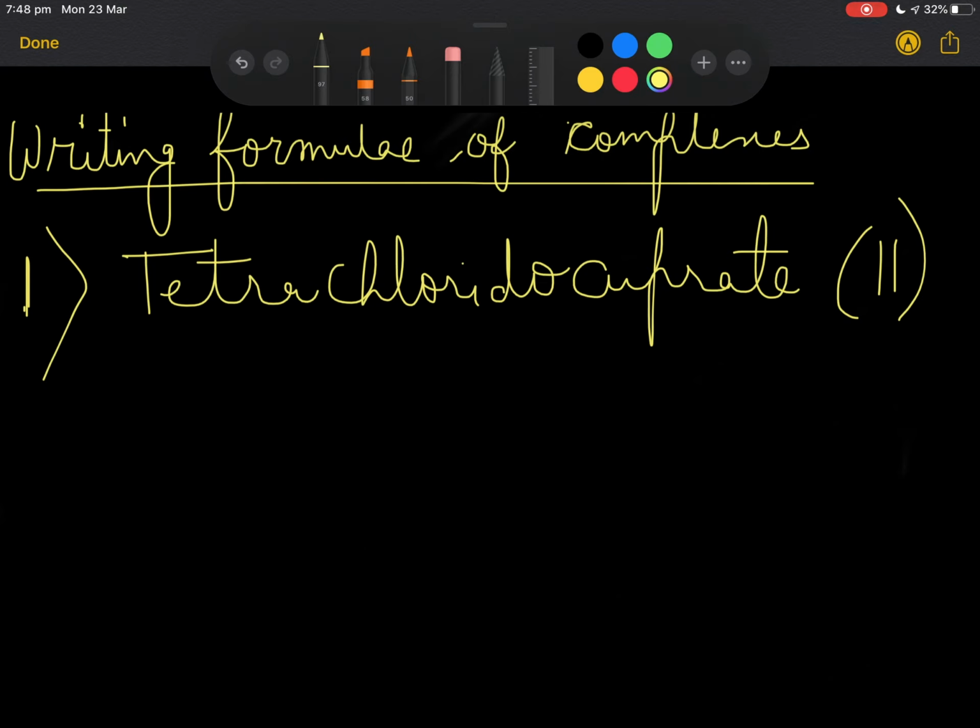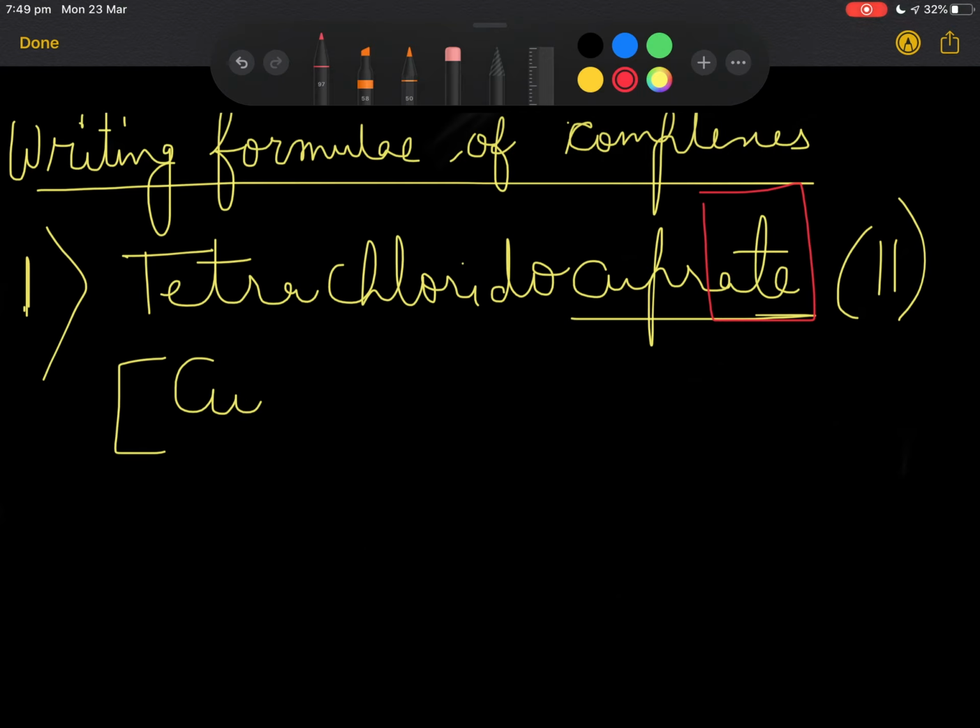So what's the metal atom here? We can highlight cuprate. So I'm going to use a square bracket, Cu for cuprate. Now another important thing you might have noticed: if you remember, I told you that if you have 'ate' at the end of the metal atom, it signifies that the charge on the complex is negative.